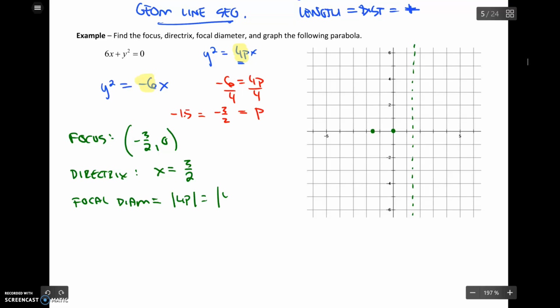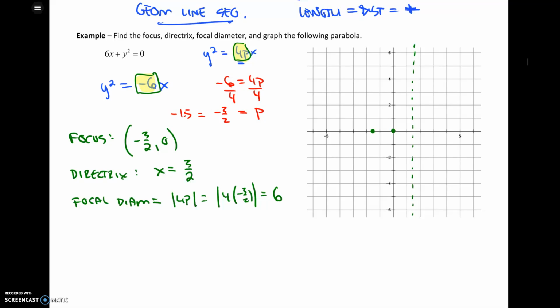Now I could take the absolute value of 4 times negative 3/2, because that's what it is. But remember, 4p is this number right there. So I could just take the positive of that. Basically, it's the number before you divide it by 4. You divide it by 4 to get p, well then you multiply by 4 to get this. So it's just going to be 6.